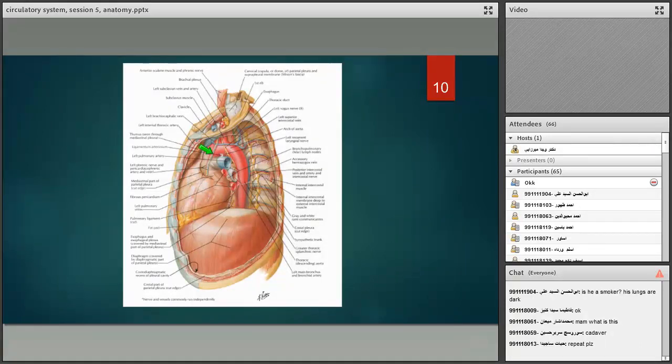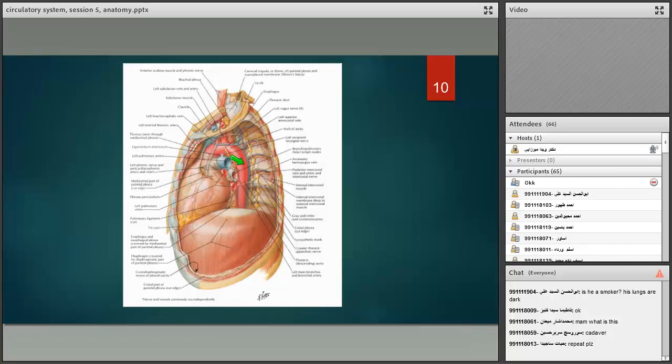The elements which are passing in front of the arc of aorta, one of them is the phrenic nerve with pericardiacophrenic vessels, which I will explain today, and the other one is the vagus nerve.